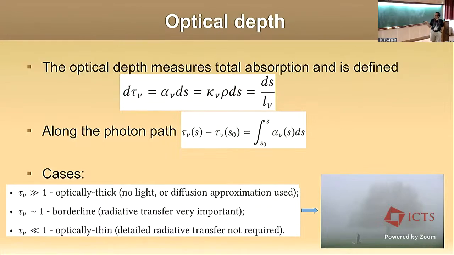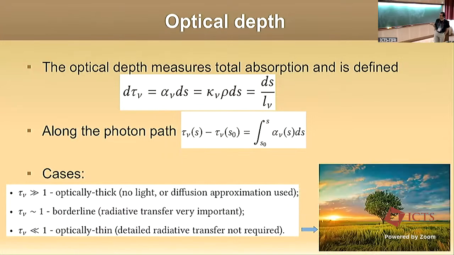You have seen it, at least in movies. You see a little bit, but it's difficult to see. And optically thin will be when you can see everything. This is very Photoshop, but you get the idea. It's very clear, you can see everything.